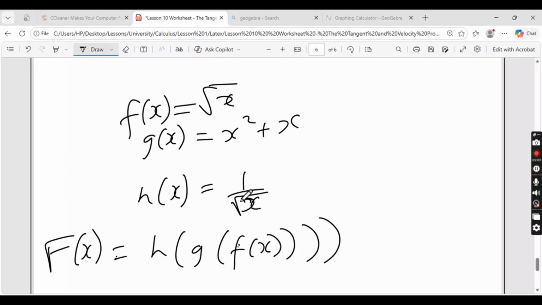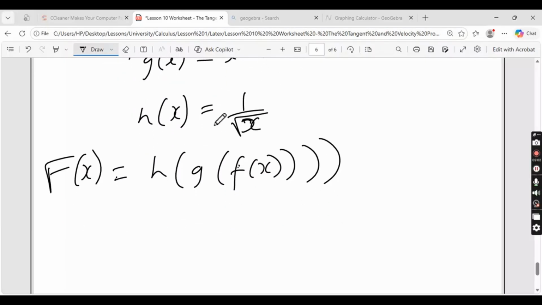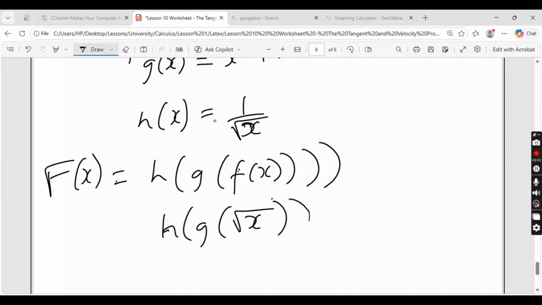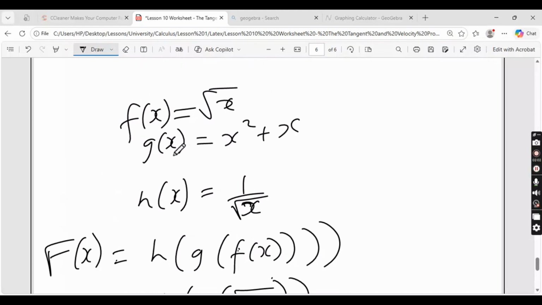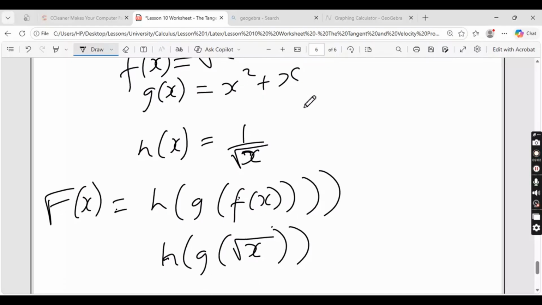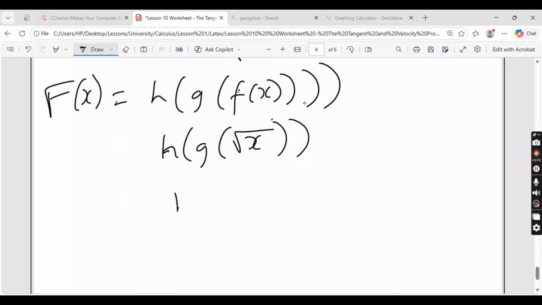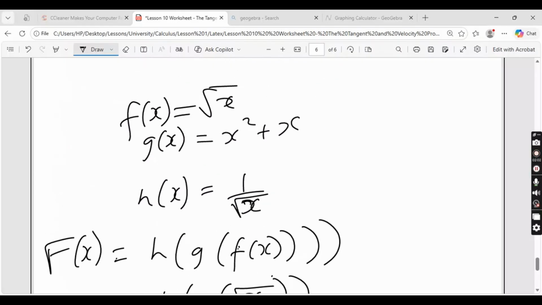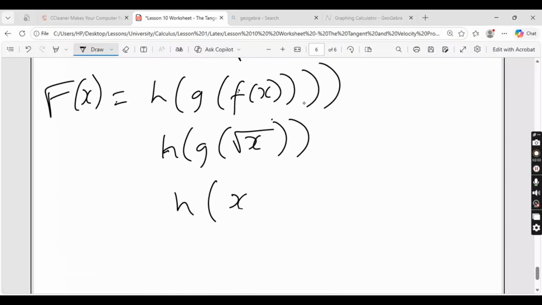Okay. So let's see. f of x, square root of x. And g of x squared. So it will give us x plus square root of x.